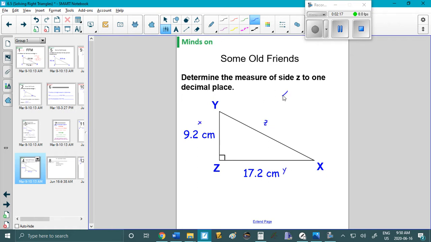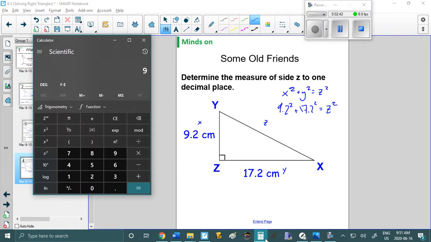So our Pythagorean theorem would be x squared plus y squared equals z squared. Right, because it's the two short sides and then the long side on the other side. And then we plug in, we get 9.2 squared plus 17.2 squared equals z squared.